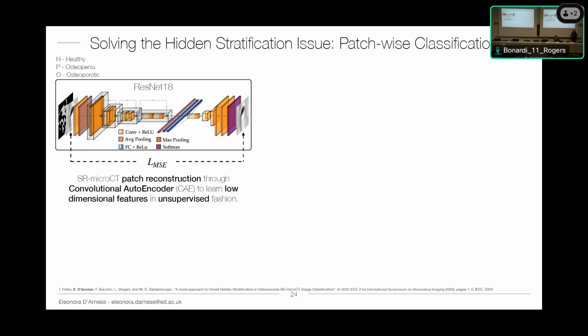The idea here is that osteoporosis is not a binary pathology, present or not; it's a continuous scale that goes from healthy to osteopenic and then osteoporosis. And so we supposed that the image was also correlated to that, and so one class was not enough to really tell us if the whole sample was osteoporotic or not.